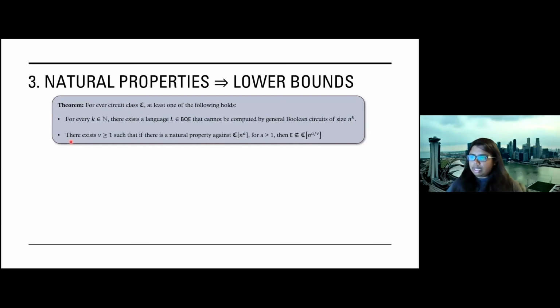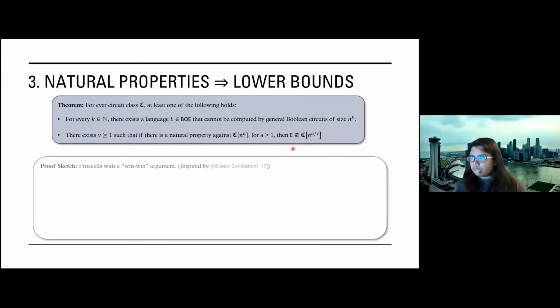Or the second case is that there is some constant nu such that if we have a natural property against this particular class, which is C and circuits of size n to the a, then I can say that exponential time, so this is deterministic exponential time, is not in the circuit class n to the a over nu. So there is some loss here, but yeah. So this is going to be the basis for the win-win argument that we want.